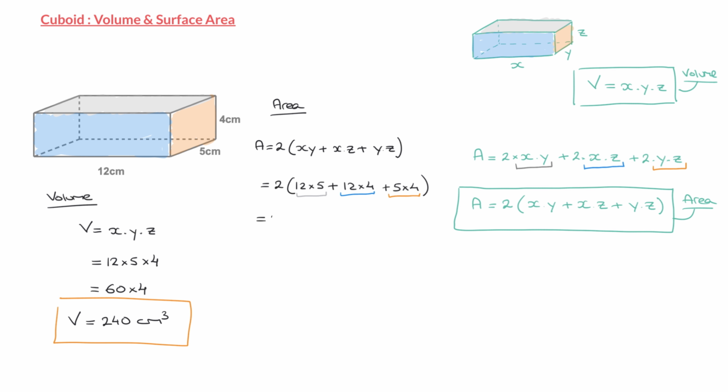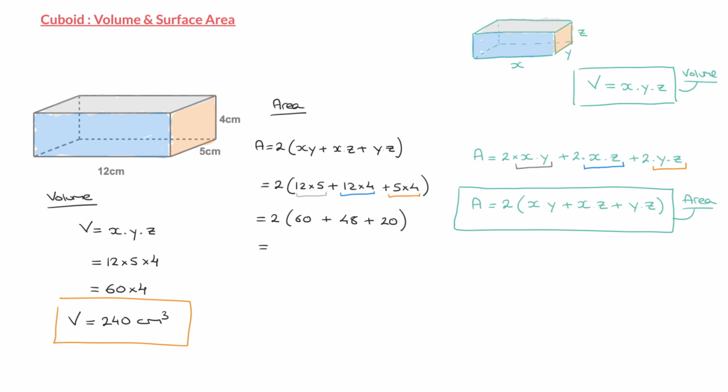Carrying on here, I take care of everything I see inside that pair of parentheses. So let's see, we've got 12 times 5, which is 60, and I add to that 12 times 4, which is 48, and I add to that 5 times 4, which is 20. Now, taking care of the sum inside this pair of parentheses, 60 plus 48 is 108, and we add 20 to that, which makes 128.